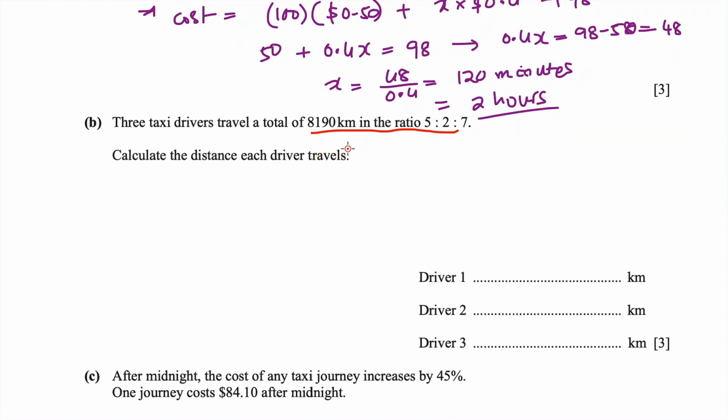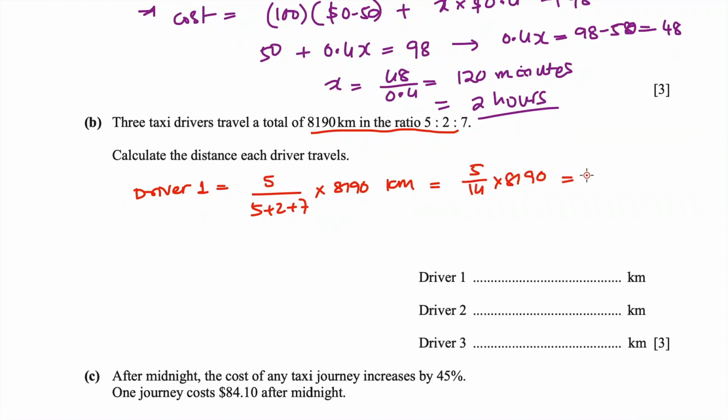So the distance that driver 1 travels would be given by his share of the ratio divided by the sum of all the terms in the ratio into the total. So this is 5 by 14 into 8190, which is nothing but 2925 kilometers.